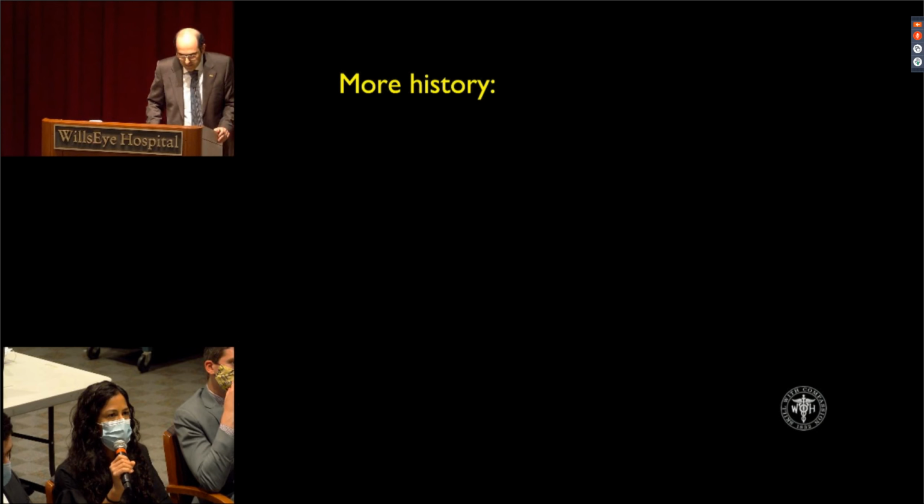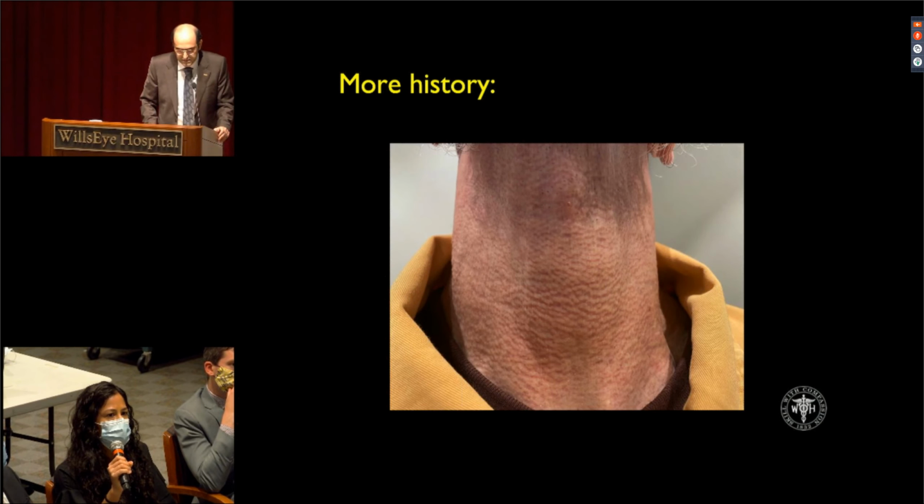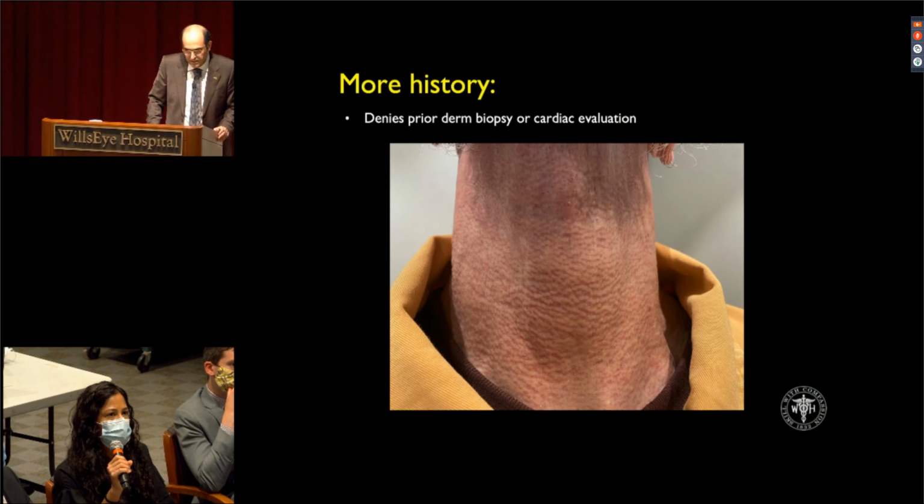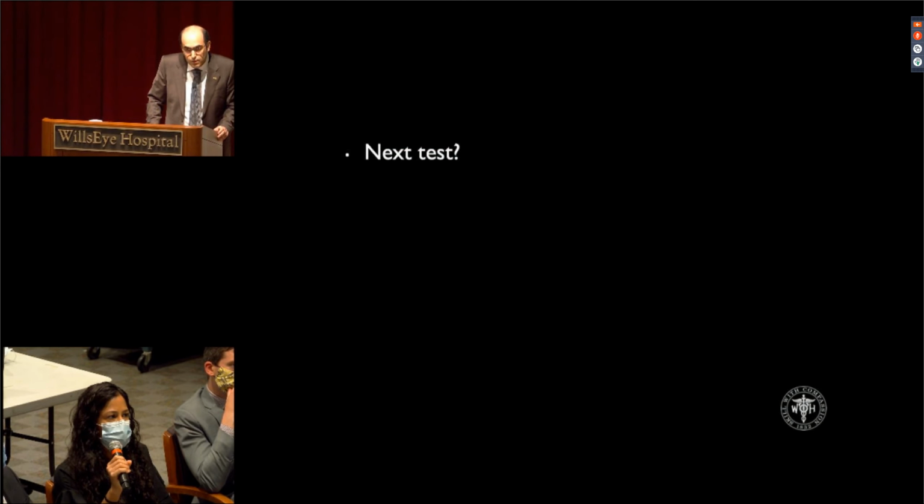Excellent. This is the picture of the patient's neck, but our patient denies prior dermatological biopsy or cardiac evaluation. So what would be your next step at this point? Yeah, I think you could go a few different ways. I think it's reasonable, if you have access to it in your clinic, to administer genetic testing.